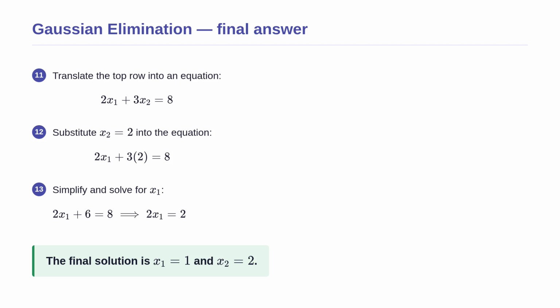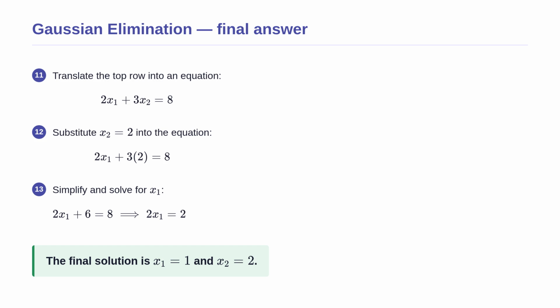For our final step, we work our way backward up the matrix, a process logically called back substitution. We translate the top row of the matrix back into an equation, which gives us 2 times x1 plus 3 times x2 equals 8. Since we just discovered that x2 is 2, we substitute that number in place of the variable.